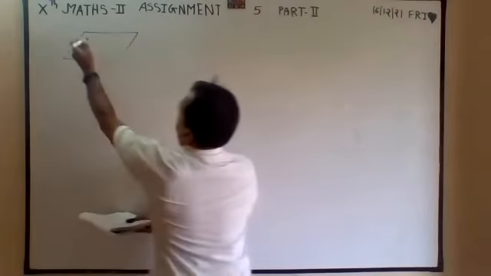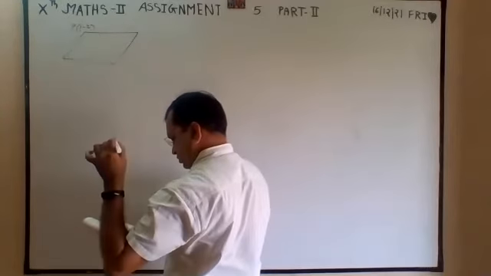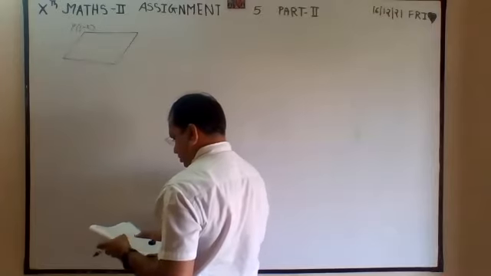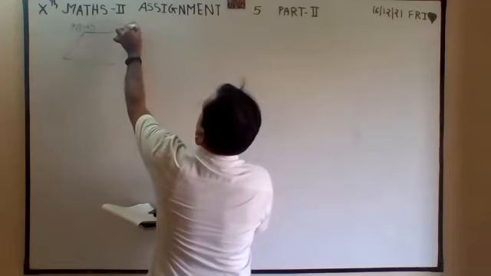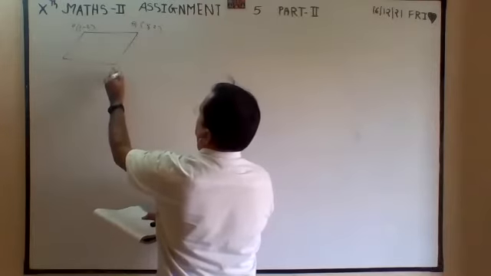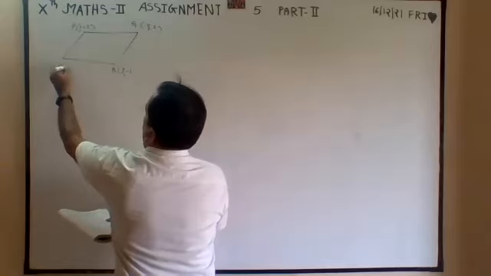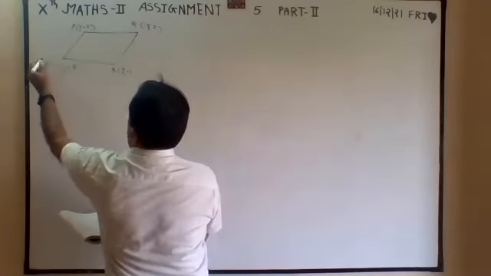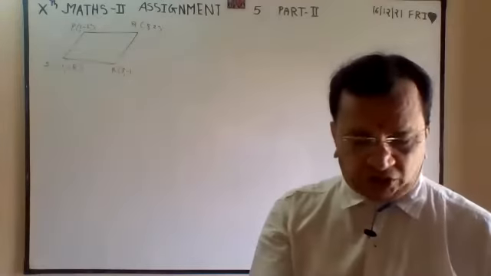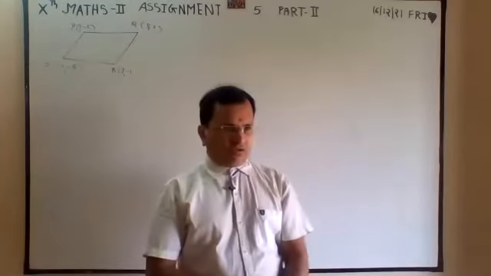P(1, minus 2), Q(5, 2), R(3, minus 1), S(minus 1, minus 5). P, Q, R, S are the vertices. We have to prove, not just check. To check and to prove both.